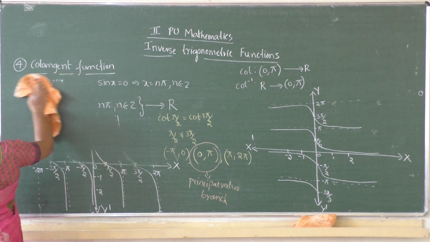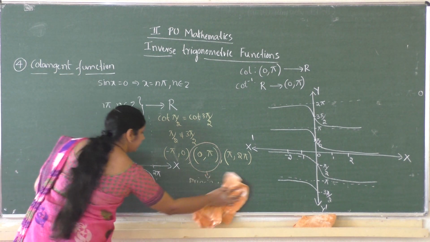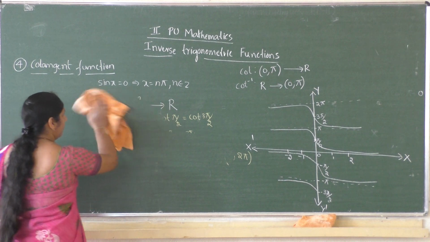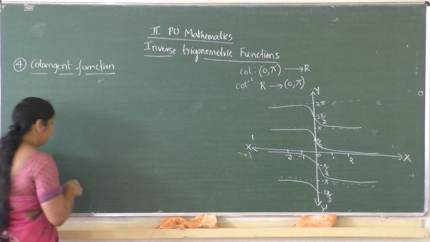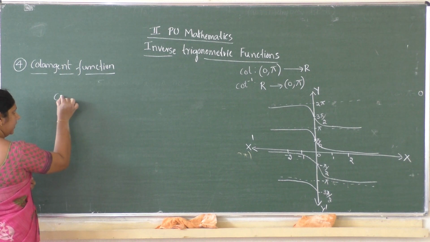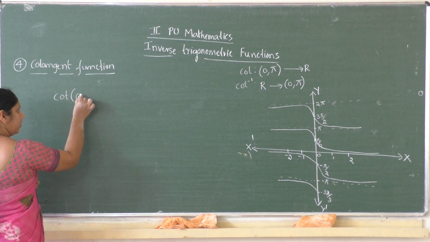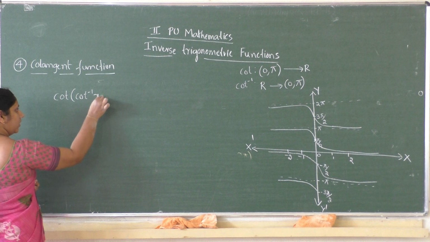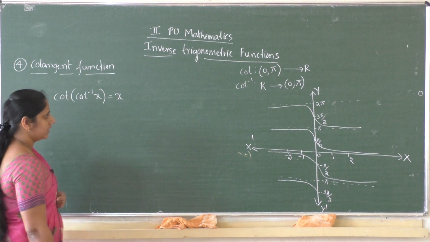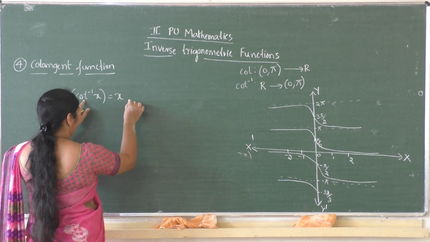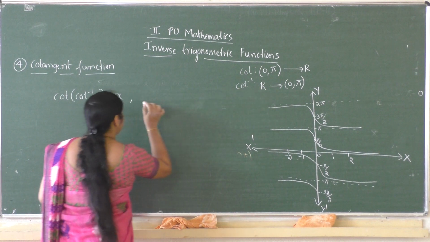Now, what are the two properties we can define? One is COT of COT inverse, second one is COT inverse of COT. COT of COT inverse x equal to x, where x belongs to the domain of COT inverse. What is the domain of COT inverse?